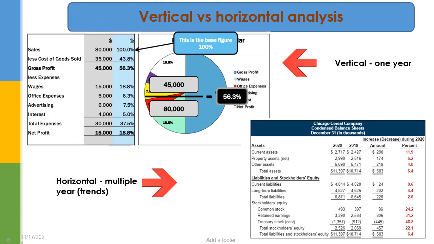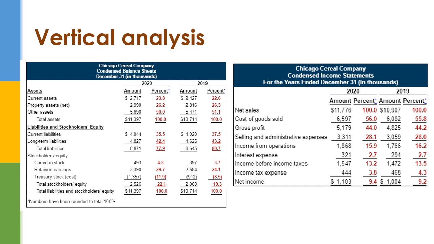Okay, the next financial statement analysis: we have vertical and horizontal analysis. Vertical analysis, also known as common size analysis, is a technique for evaluating financial statement data that expresses each item in the financial statement as a percentage of a base amount.